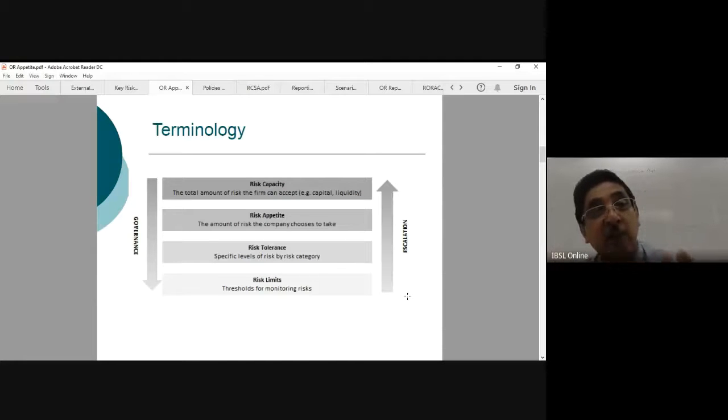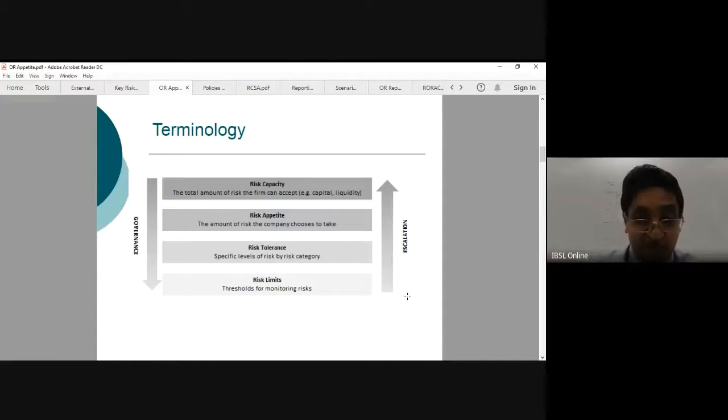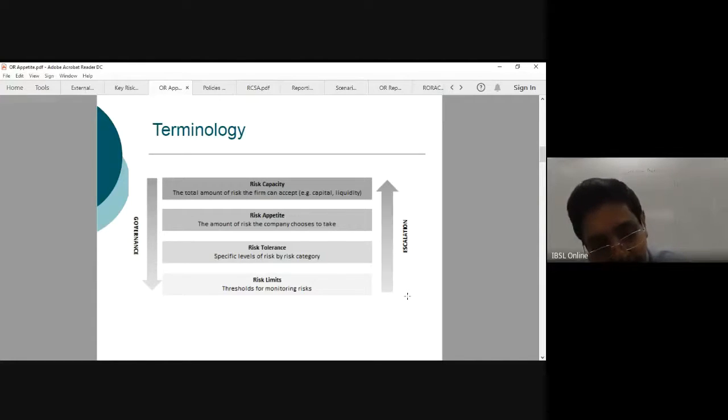If you want to expand our business, we should not open more than 2 branches per annum. So there is a limit. And you can say what type of branches you need to open. So these are the types of limits given under operational risk. It is not like credit risk limits or market risk limits. I think you got my point.